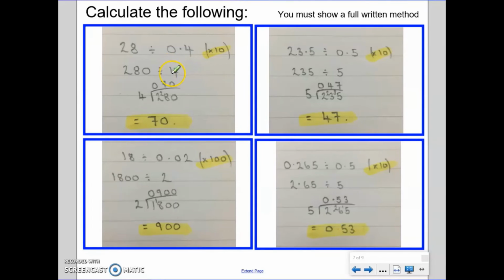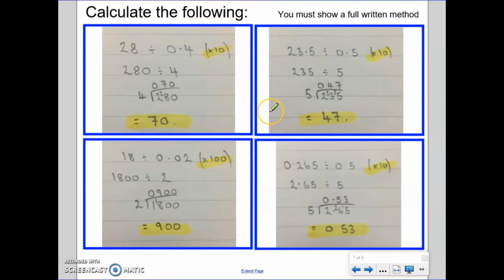That usually involves making sure the second number in the calculation is a whole number, is an integer. Then you go ahead and set up the bus stop method of division, or any method of division that you're comfortable with. Once you calculate that, the answer to your question here will be exactly the same answer as the original question.